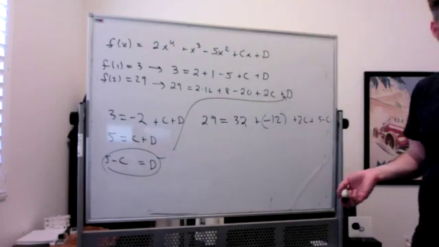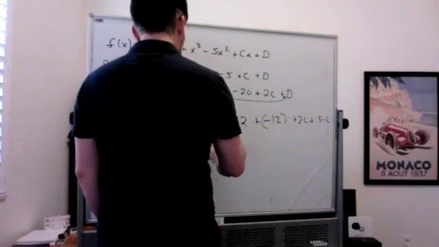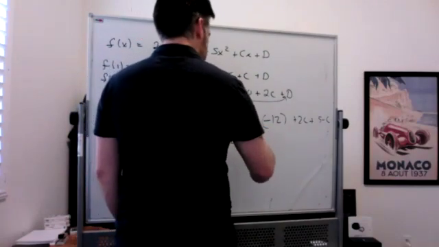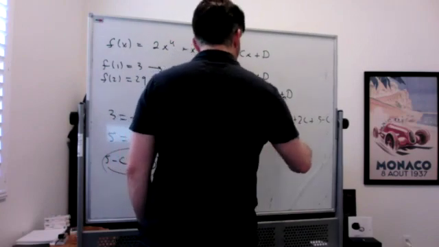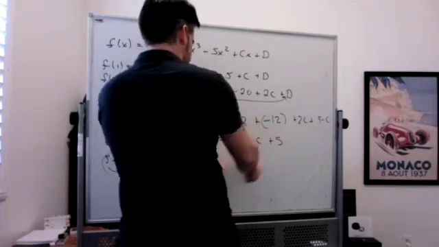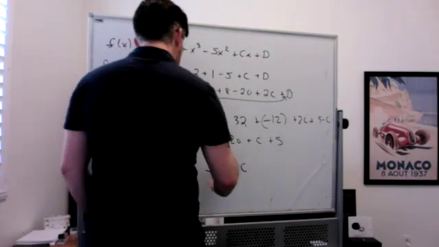And then we can solve for c. 32 plus negative 12 is 20. So I've got 29 equals 20 plus 2c minus c, which is c plus 5. So subtracting 25, I get c equal to 29 minus 25, which is 4.